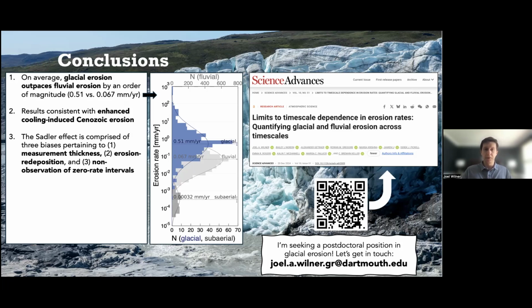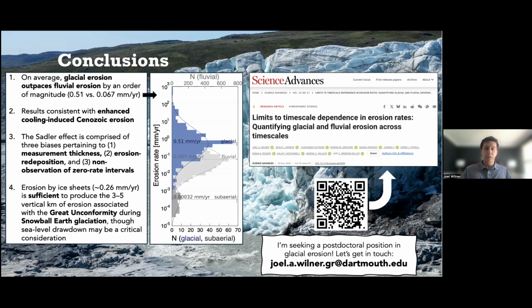We've shown through data analysis and some supplementary numerical experiments that the Sadler effect is comprised of a few distinct biases that pertain to measurement thickness, most notably of cosmogenic measurements, erosion and redeposition, and non-observation of zero-rate intervals that could explain some of the Sadler effects that we're seeing in the fluvial space.